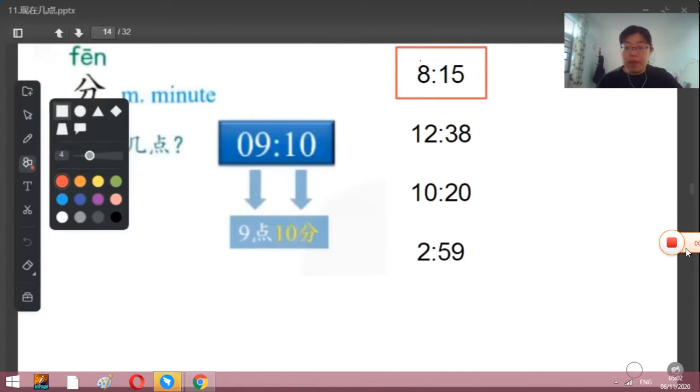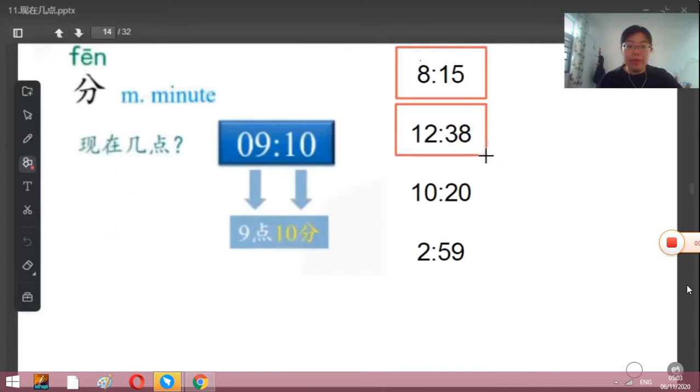谢谢. 不客气. Let's say them one by one. The first one is 8点15分. How about the second one, everybody? You can use your mic or type in our chat box.